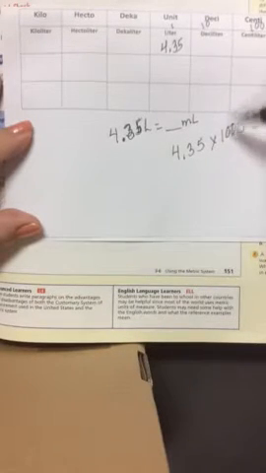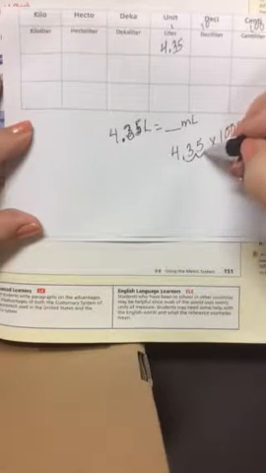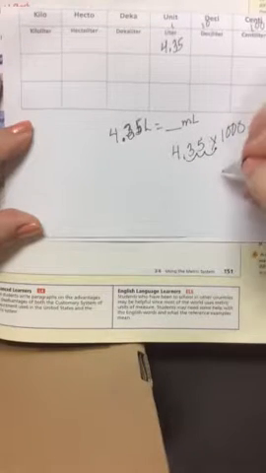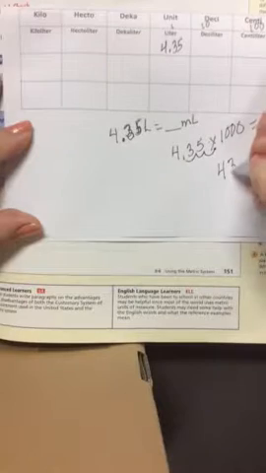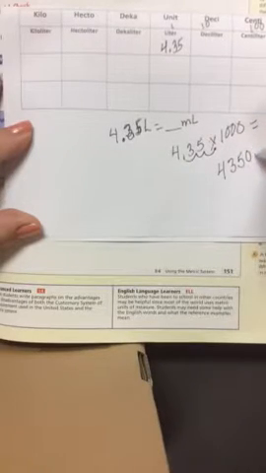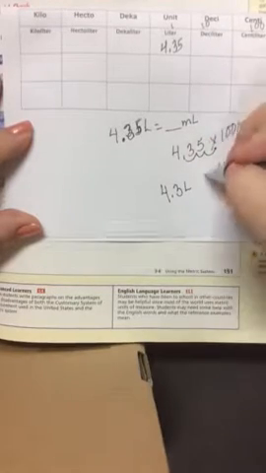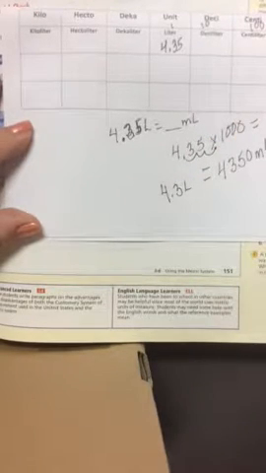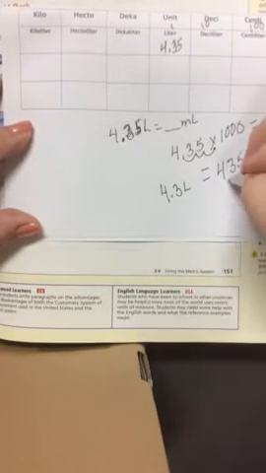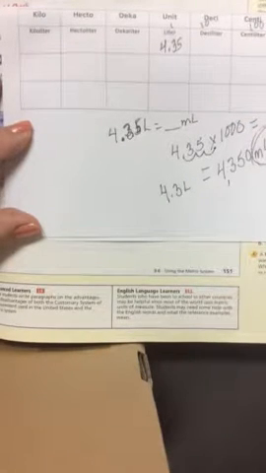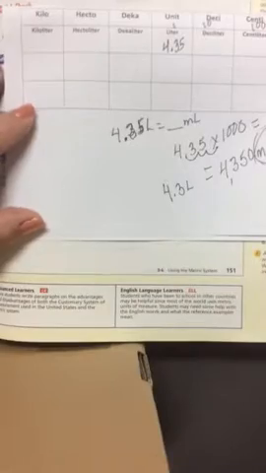So we've got 3 zeros, so we need to move 3 decimal places, and we have 4,350 milliliters. So 4.35 liters equals 4,350 milliliters. It's always really important that you put the unit in when you complete your equation.